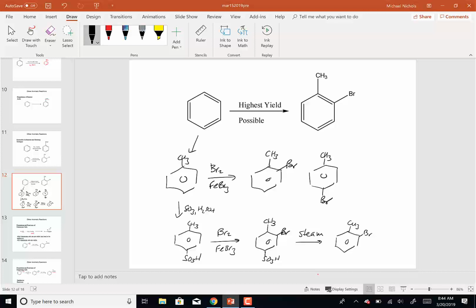So we use this primarily when we want to put two groups ortho to each other, when a significant portion would go para. So we block the para position, and then we add the group ortho.